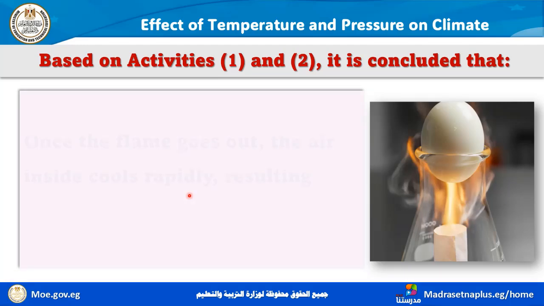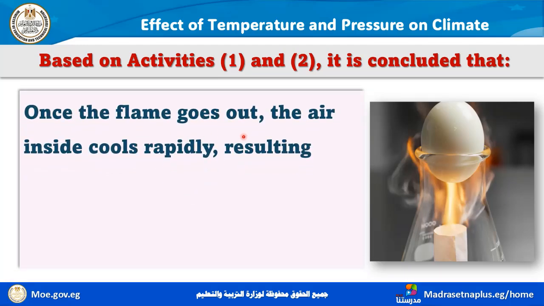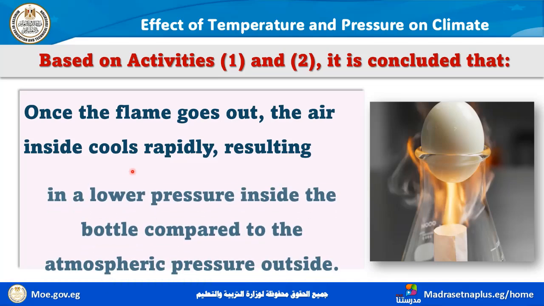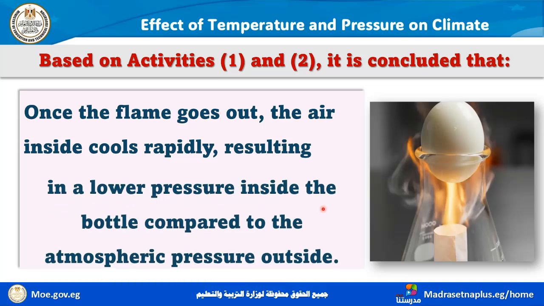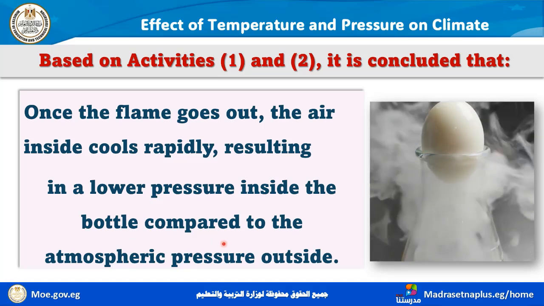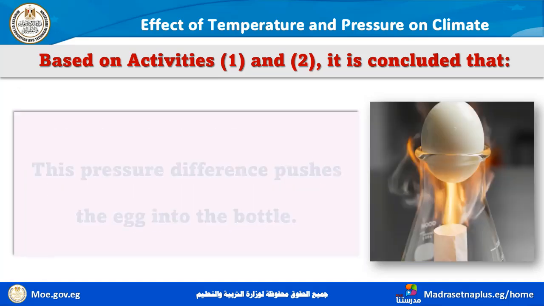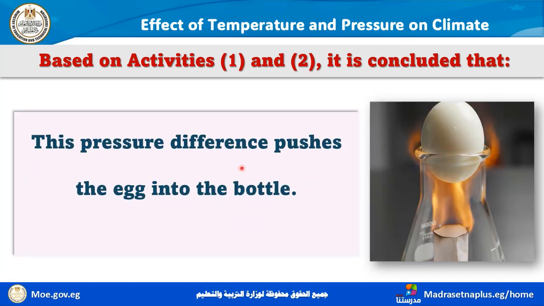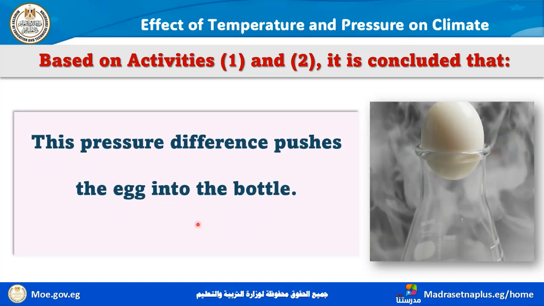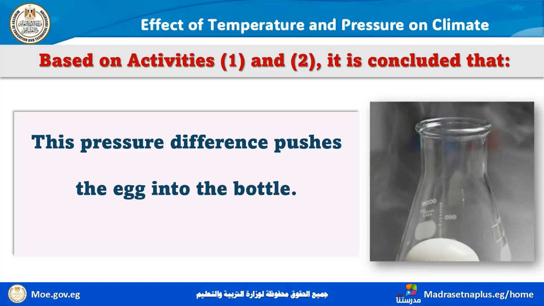And so, once the flame goes out, the air inside cools rapidly, resulting in a lower pressure inside the bottle compared to the atmospheric pressure outside the bottle. This pressure difference pushes the egg into the bottle.